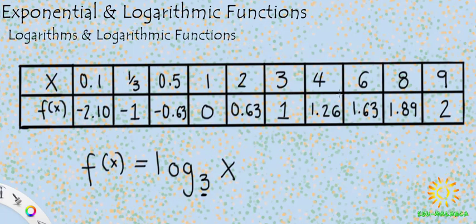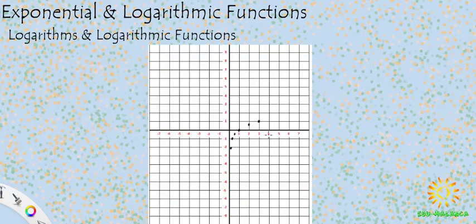Let's continue. When x is 4, y is equal to 1.26, and when x is 6, y is equal to 1.63. So when x is 4, y is equal to 1.26, so somewhere about there. And when x was 6, y was equal to 1.63, which is somewhere about here.